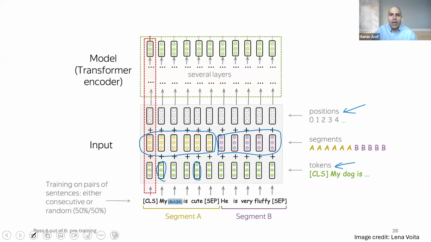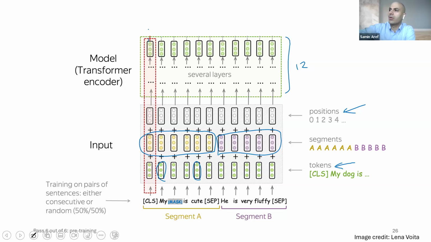All right, now we have vectors that represent the semantic meaning of each token, its position in the sentence, and the segment that it belongs to. Now the input goes to the first layer of the encoder of a transformer, and then another layer. Let's say that here we have 12 layers of encoders, and eventually there will be some vectors that are output from this model.